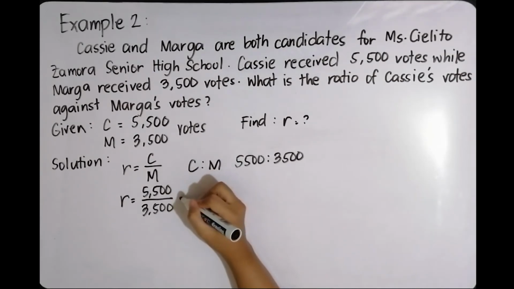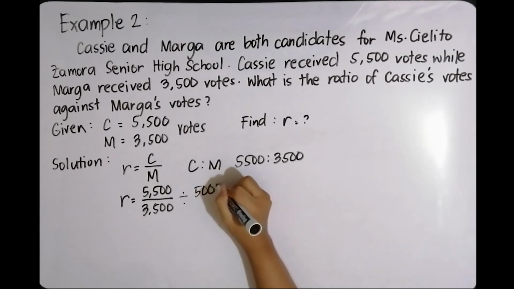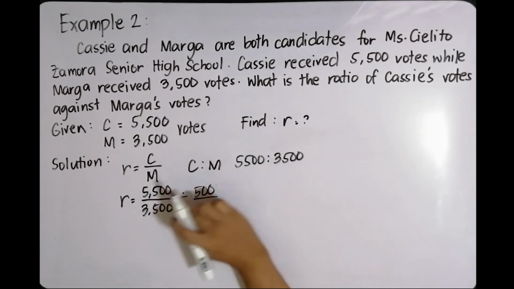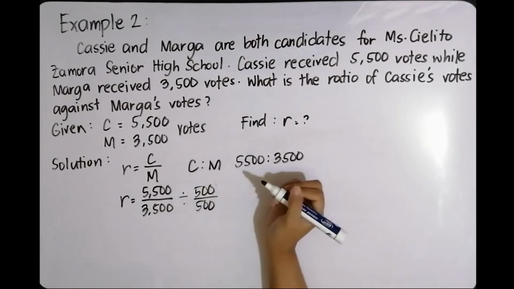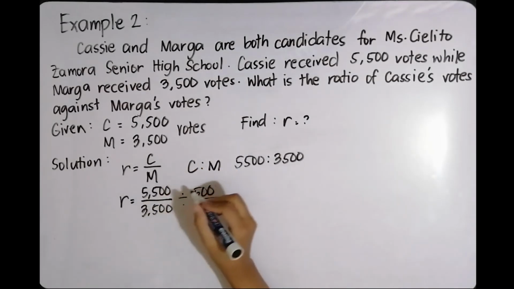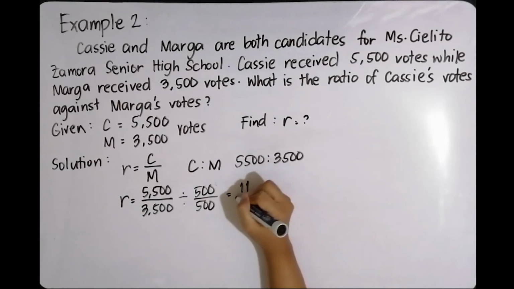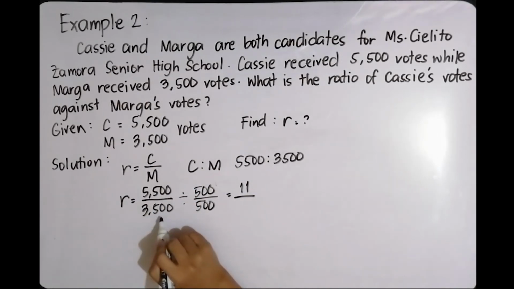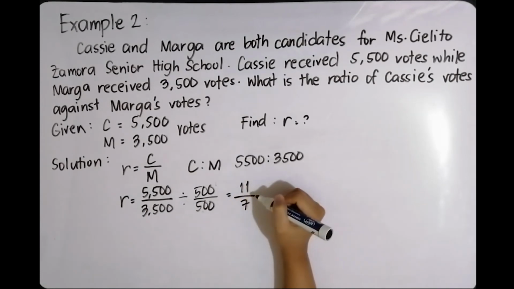So how can we do that? We can divide both numerator and denominator by 500, since 5,500 and 3,500 are both divisible by 500. So 5,500 divided by 500 equals 11, and 3,500 divided by 500 equals 7.